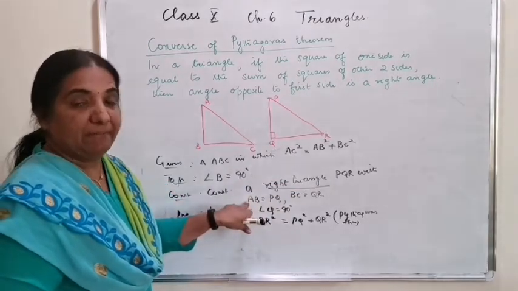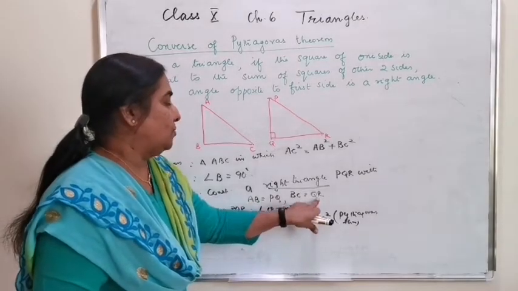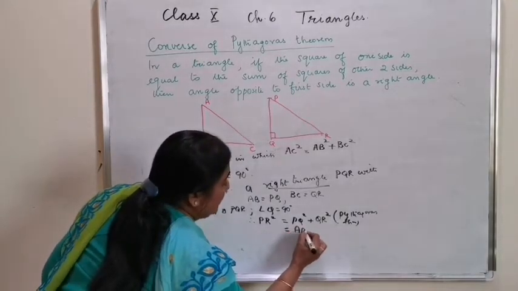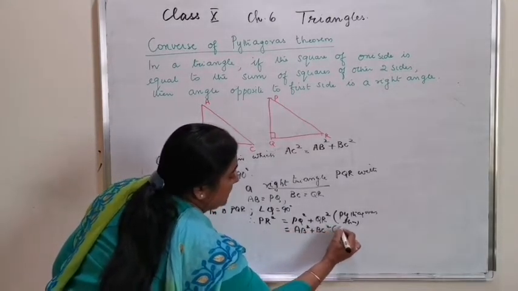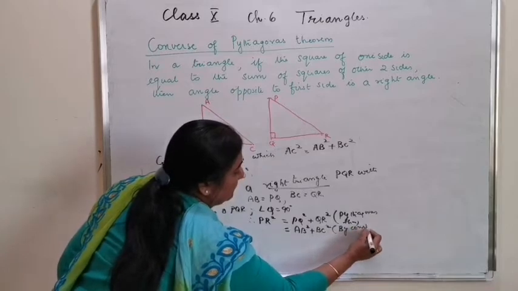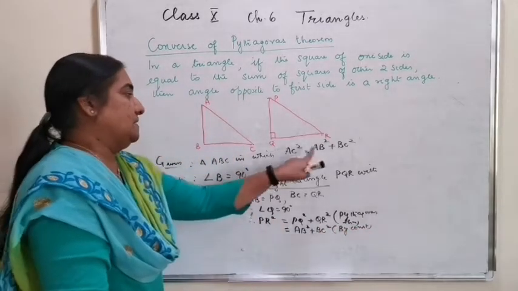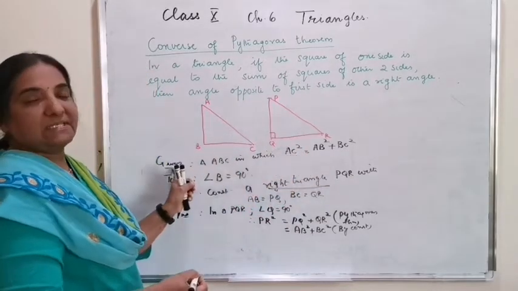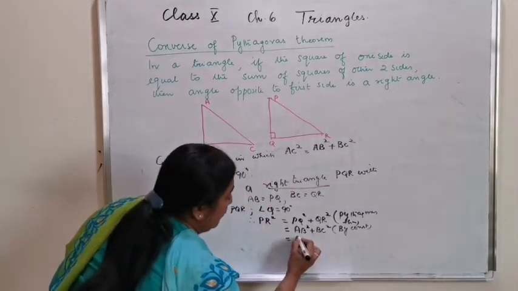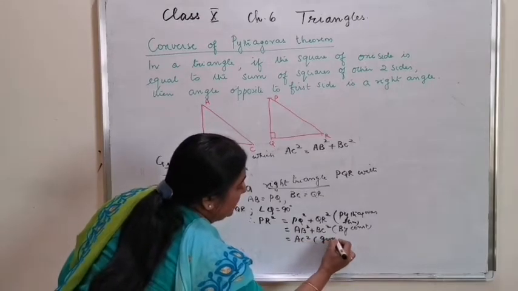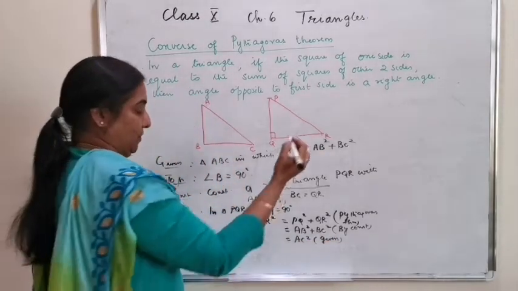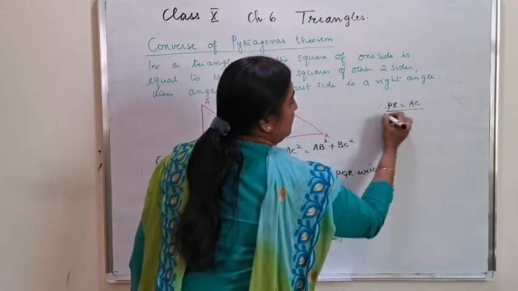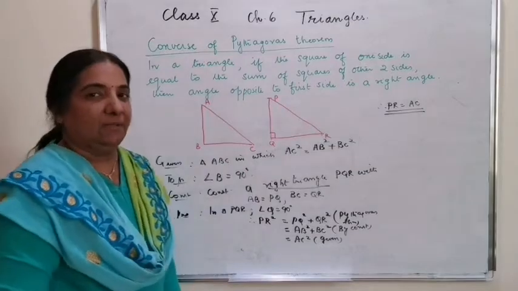PQ is AB by construction and QR is BC by construction. So you will replace it as AB square plus BC square by construction. But what is AB square plus BC square? It is AC square, because it is a given condition. Therefore, you got PR and AC lengths also as equal.